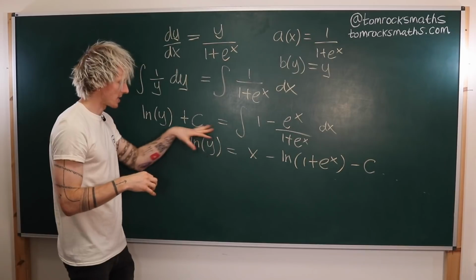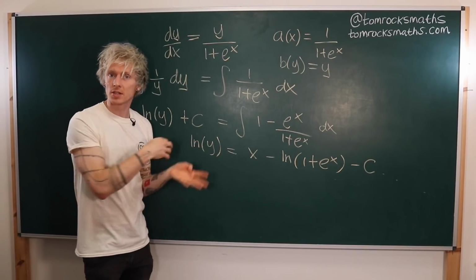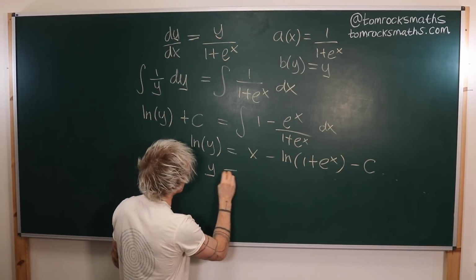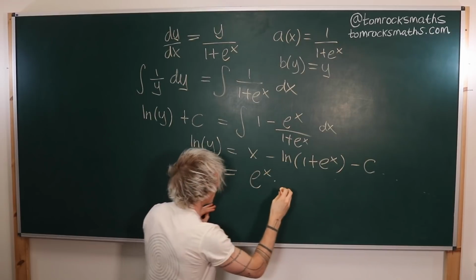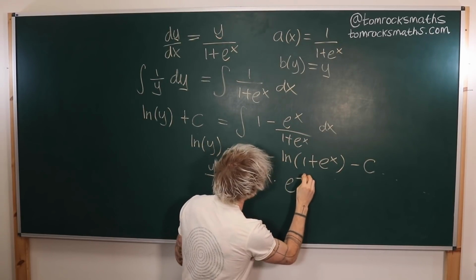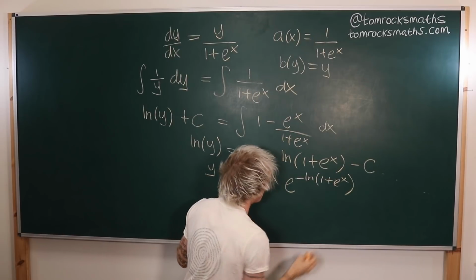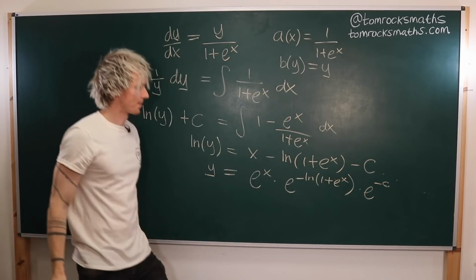And we want to do this to remove the natural log, because of course e is the inverse of natural log. So this will give me y equals e to the x multiplied by e to the minus log 1 plus e to the x multiplied by e to the minus c.